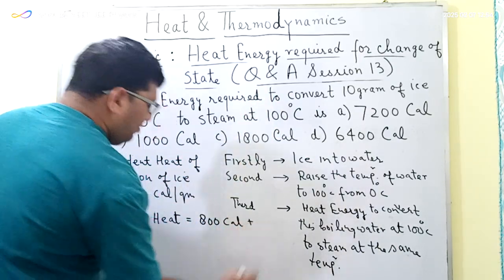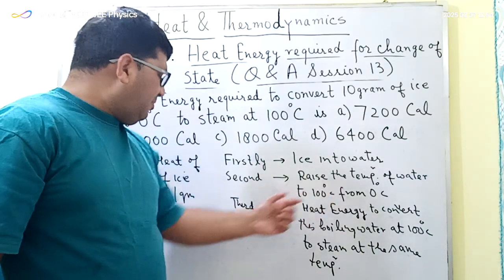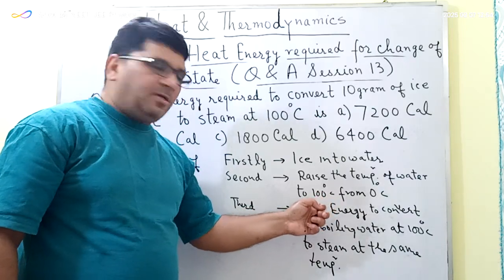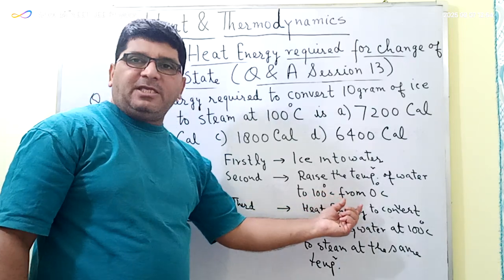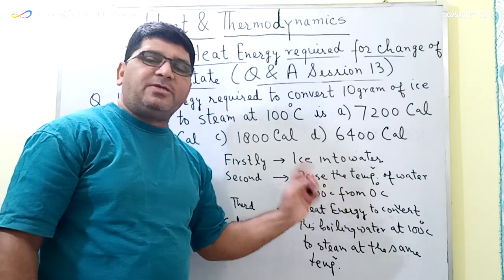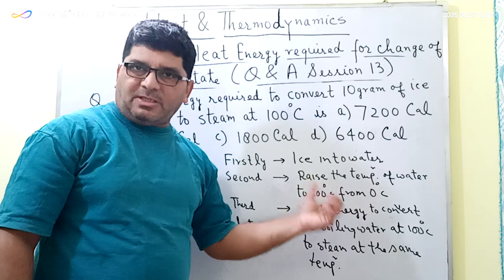First thing. Now the second thing is that I have to raise the temperature of this water from 0 degree to 100 degree centigrade. And in this case I have to provide the sensible heat. Now sensible heat is basically the heat required to raise the temperature of a substance.